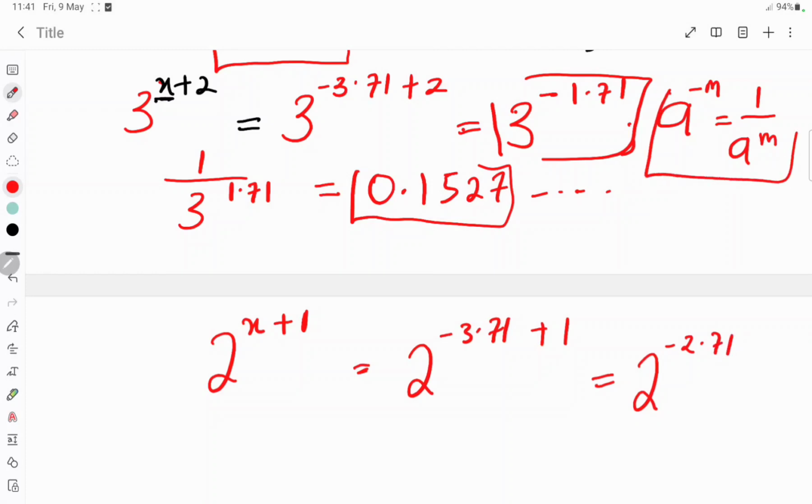Applying this particular law of indices again, we have 1 over 2 to the power of 2.71. And this is exactly 0.1528 and so on. So you can see that our answer is right. Okay? And that's the answer.